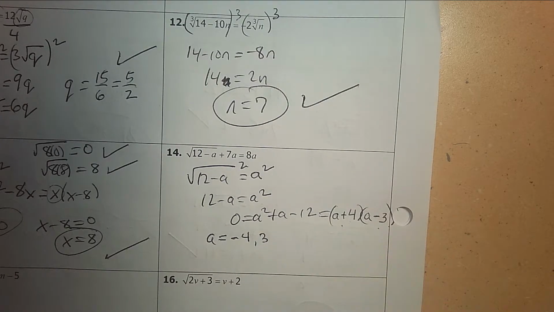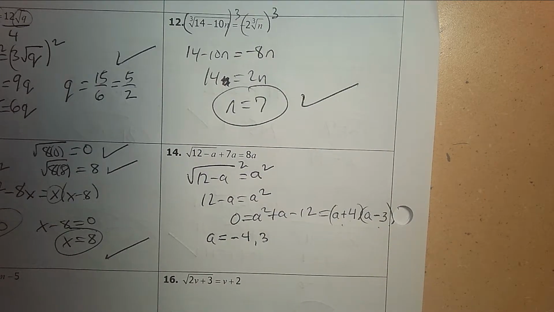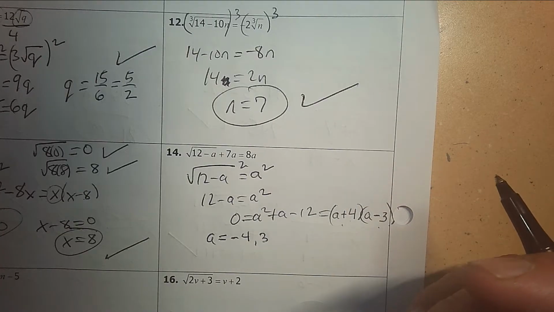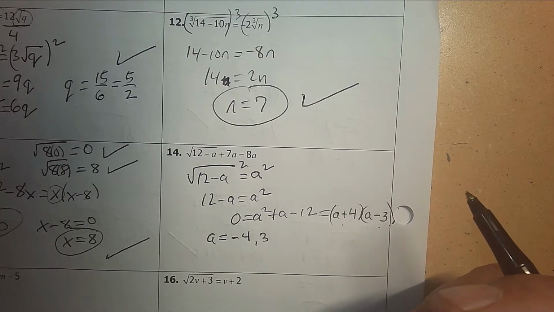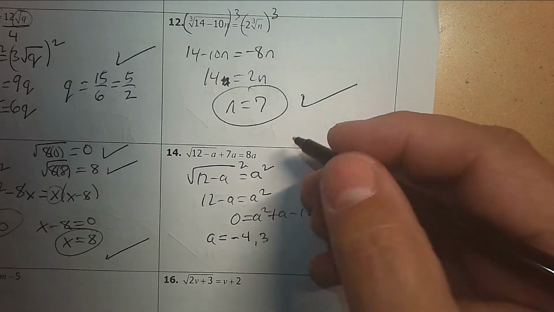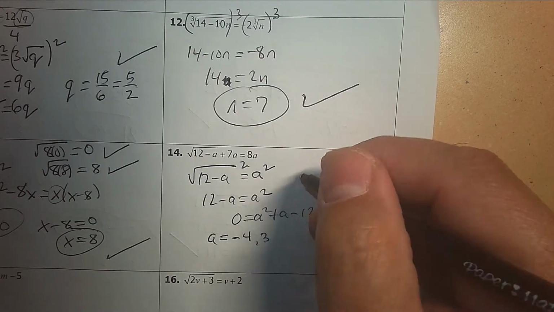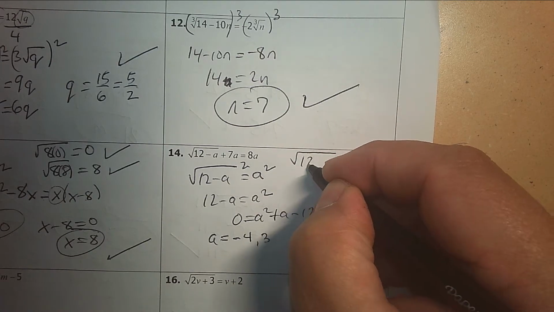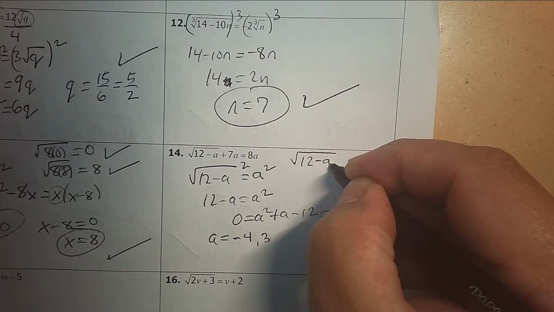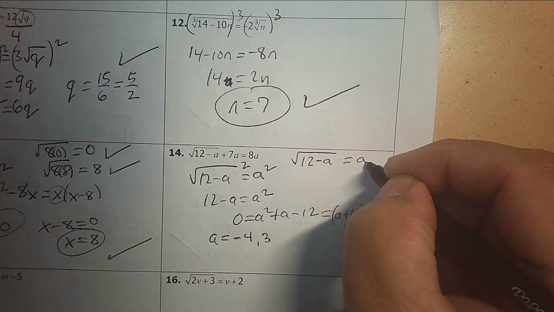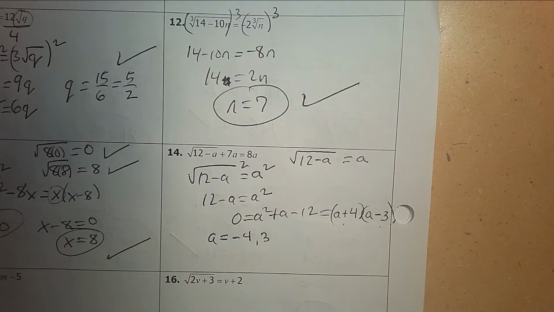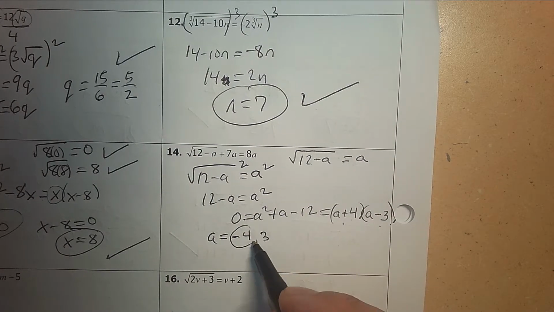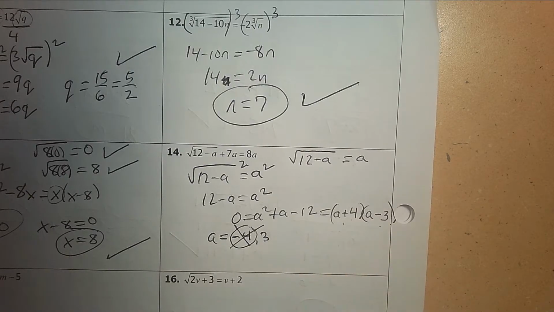Now we've got to be careful. We've got to understand if both work or if one's a bad answer. We can go back to here to make it a little easier. Do you remember we had a line, 12 subtract a is equal to the square root of a? What's wrong and why am I going to cross out negative 4?